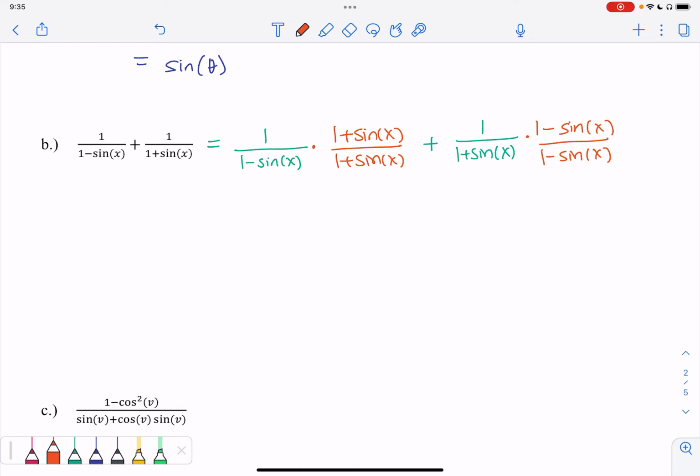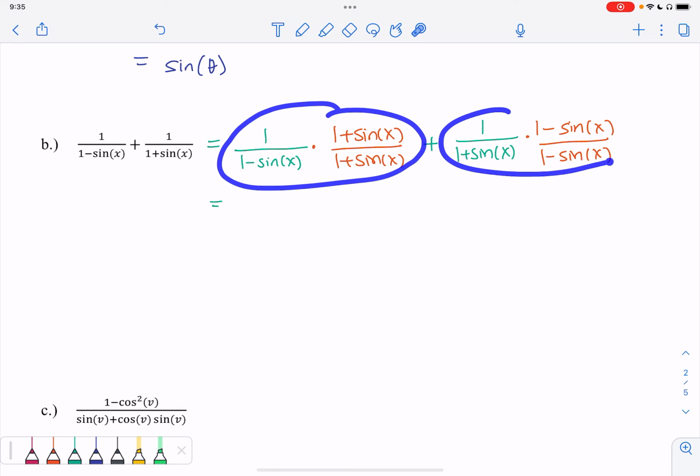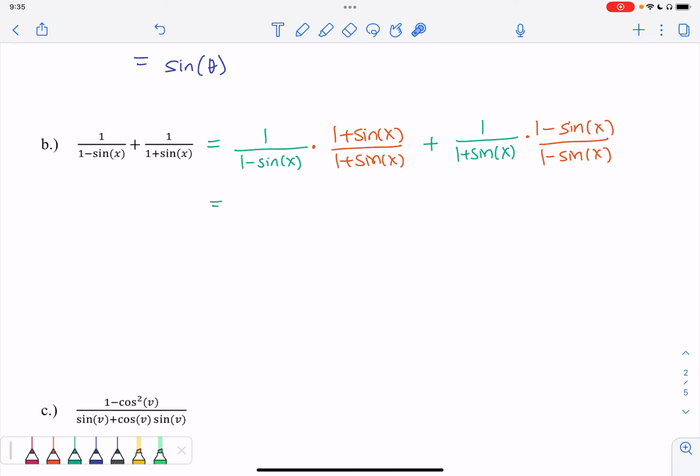Now what does that give me? Let's put each term together. I get 1 plus sine of x all over 1 minus sine of x, 1 plus sine of x.